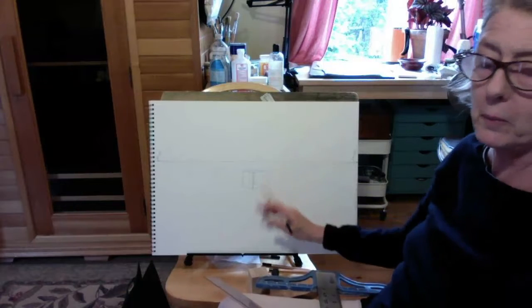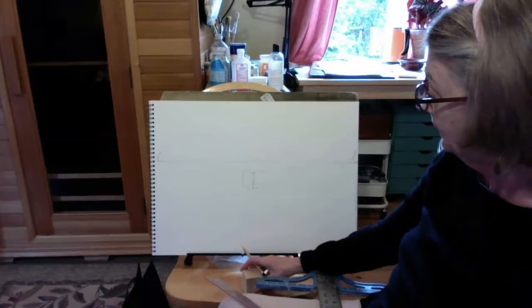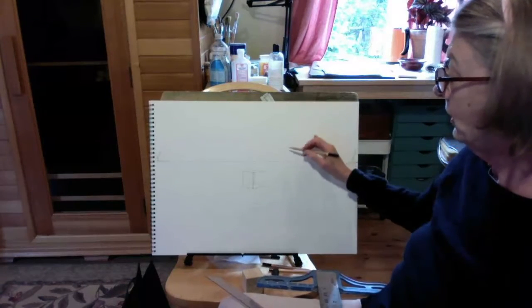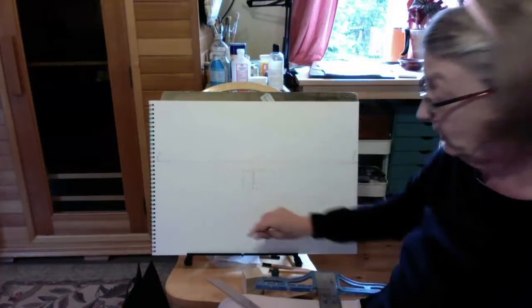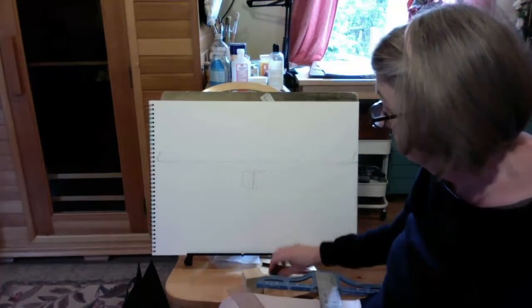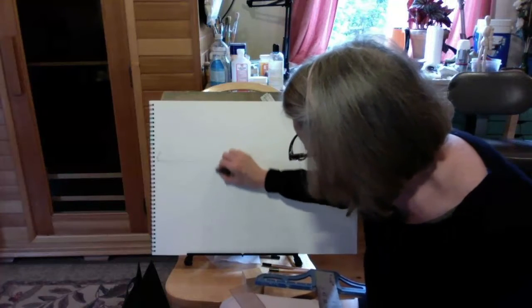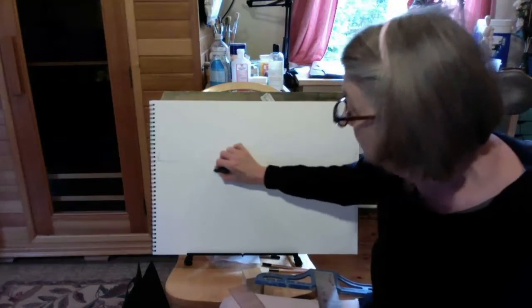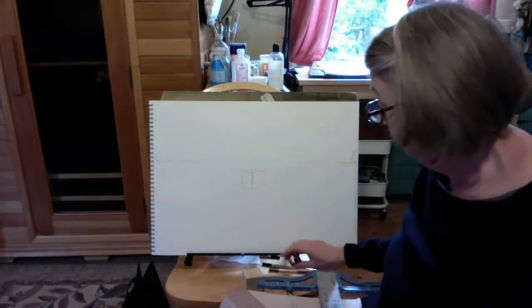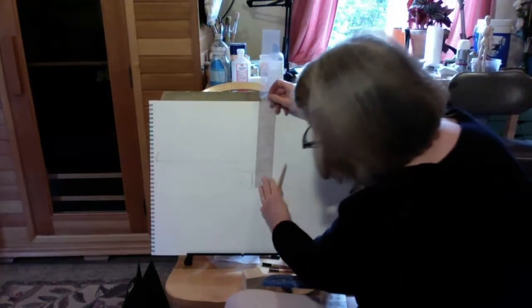Okay, cube number one. So let's see what happens when we draw a cube that's closer to the eye level line. So I'm just going to erase out some of these receding lines here. And once again, just take a measurement.